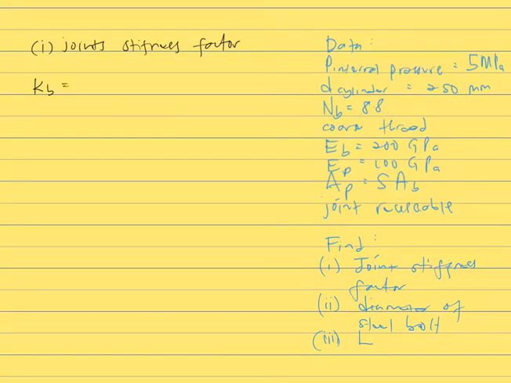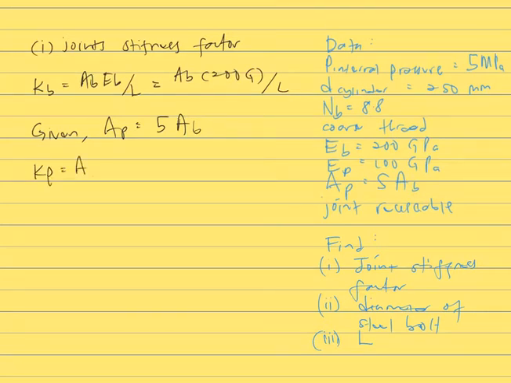Kb we can find from this formula, Ab Eb over L, which is Ab times 200 gigapascal, the modulus of elasticity for Eb, divided by L. Now, given that Ap for the parts is 5 times Ab for the bolt, we can find Kp, which is Ap Ep over L. We convert Ap to Ab, so 5Ab times 100 gigapascal divided by L, and then we get Ab 500 gigapascal divided by L.